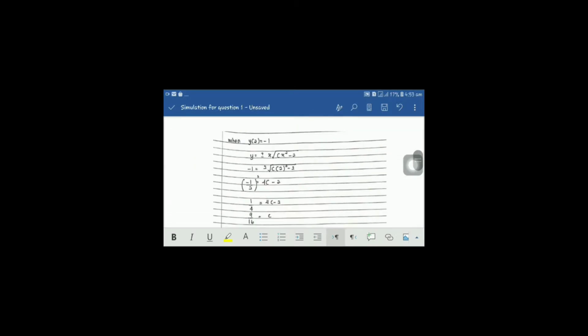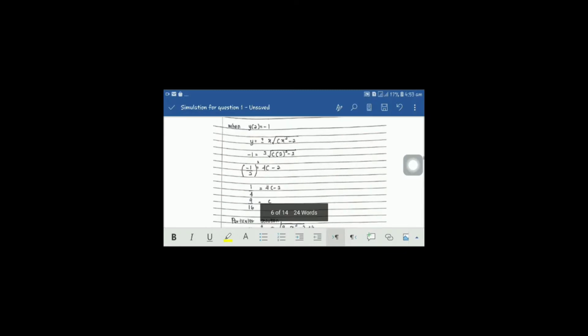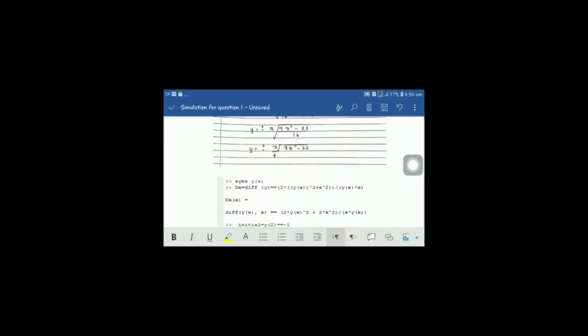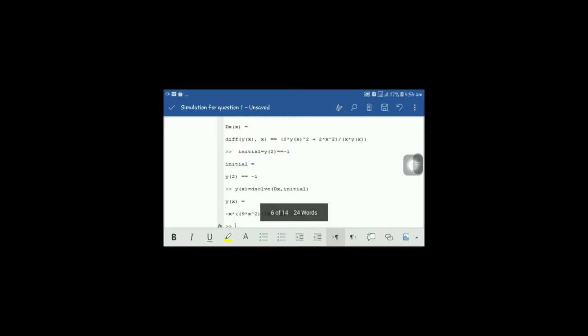We have the initial value, so we substitute y as negative 1 and x as 2. We get c equal to 9 over 16, so the particular solution is y equals plus or minus x over 4 times the root of 9x² minus 32. This is the simulation of the answer of question 1B.